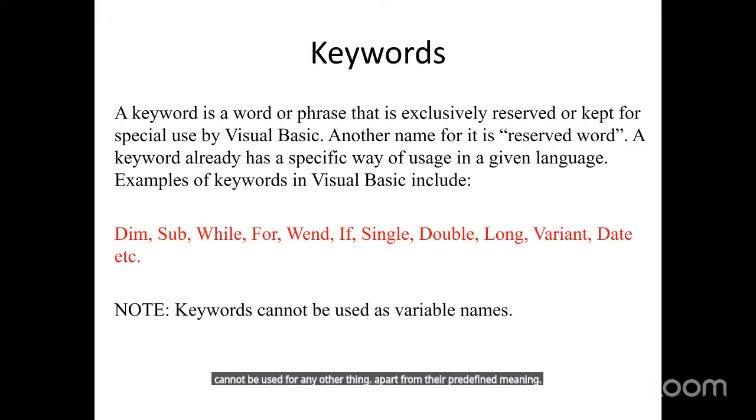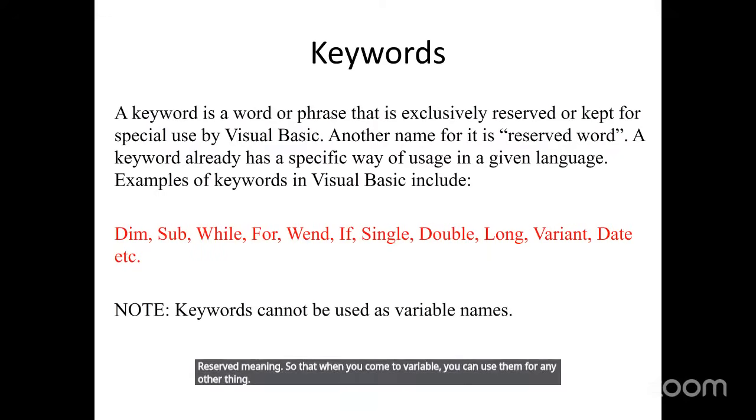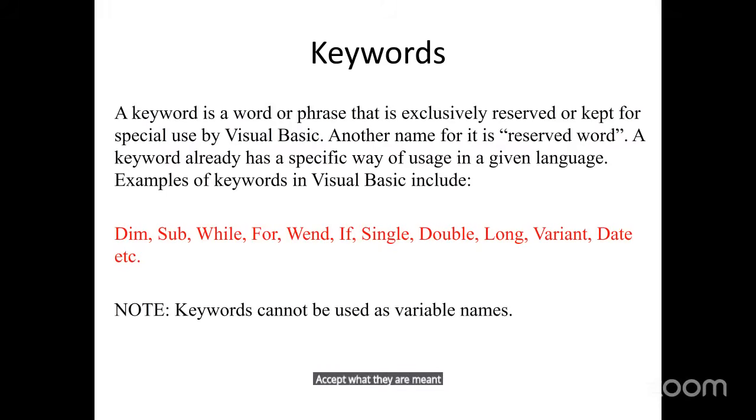Like I've said, this one is used to declare a variable. It's used only when you are declaring a variable. You can't use them for any other thing. They have a predefined, reserved meaning, so when you come to variables, you can't use them for anything except what they are meant for and how they have been structured to be used.